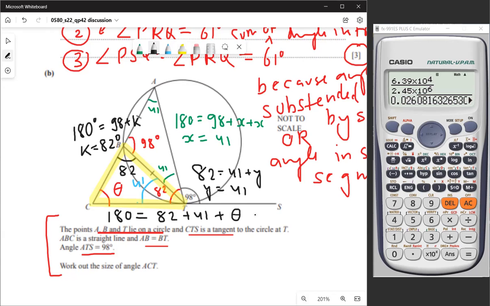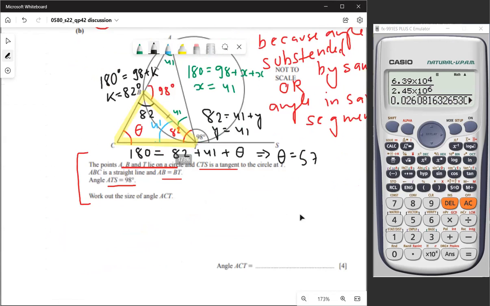What is theta? Not 41, no. Wait, 82 plus 41. It's 57. That is why this is 57.